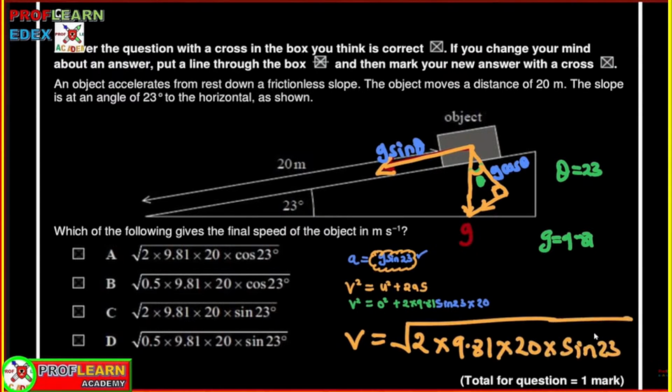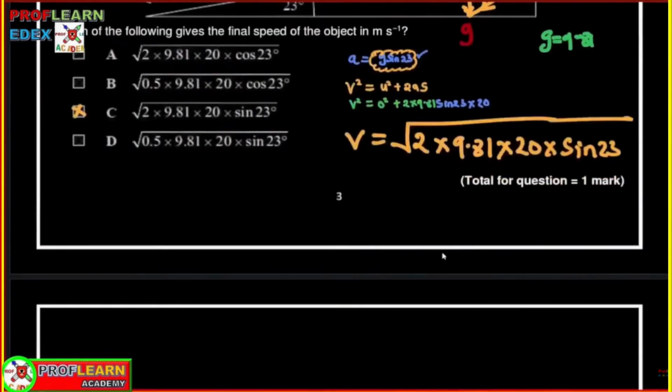So the expression for this case is actually C. You can also check in the description. There's a link that will direct you on how to resolve different components when you're given a question like that.